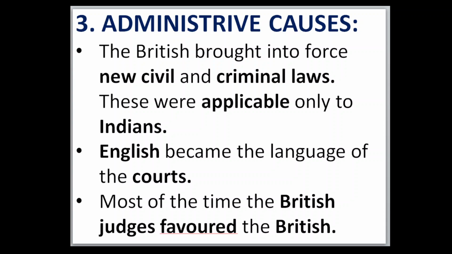This language, English, was understood only by the British and a few educated Indians. Other people did not understand English. Yet it was made the court language. Most of the time, the British judge had sympathy towards British citizens. These are the three points you have to write for the administrative causes.